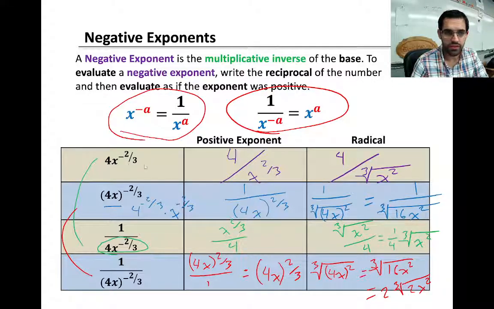Because there's no brackets, the negative exponent is only on the x. Unlike the second example, where the 4x is in brackets. In this case, the negative 2/3 is an exponent on each base. So 4 to the power of negative 2/3 and x to the power of negative 2/3. And we can see how the brackets change the answer accordingly.